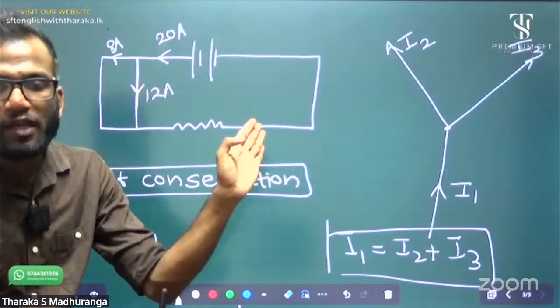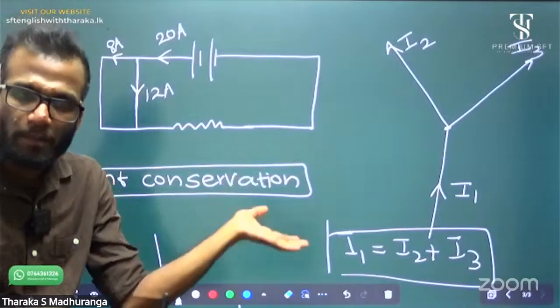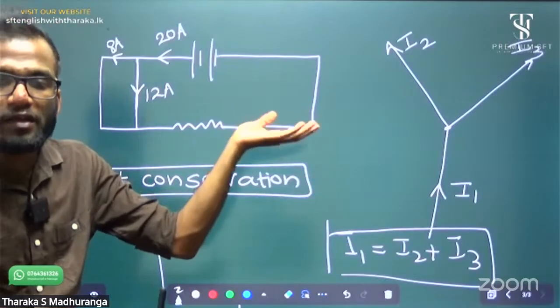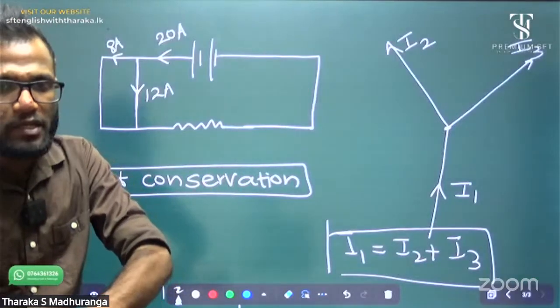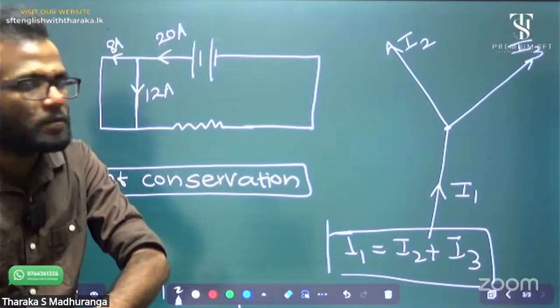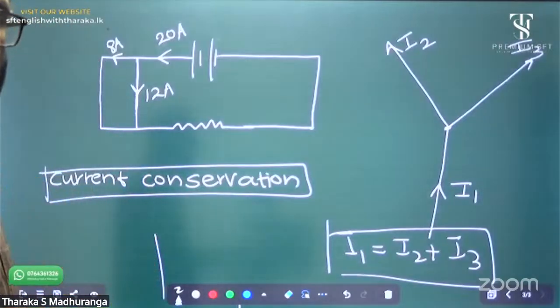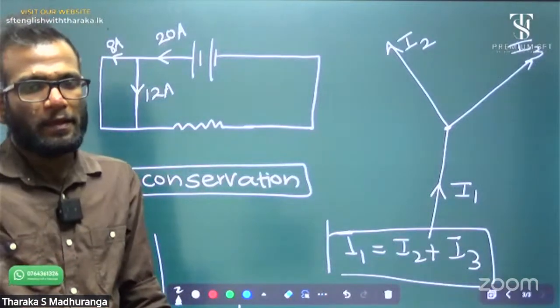In a junction of any circuit, the sum of current flowing into the junction is equal to the sum of current leaving out from the junction. Remember? Everyone? Tanya? Amina? It's easy, right?